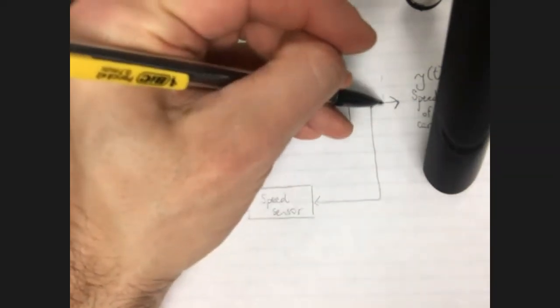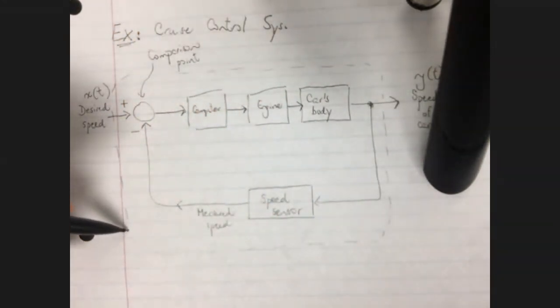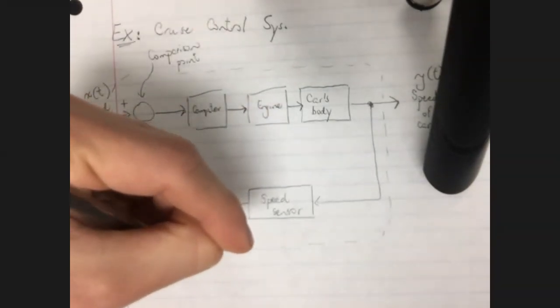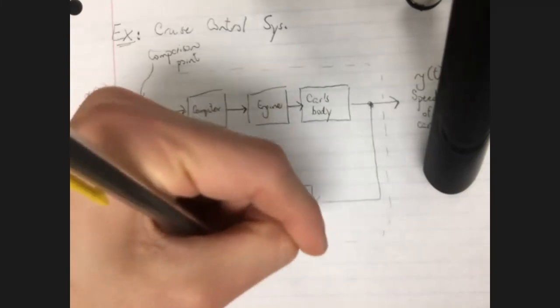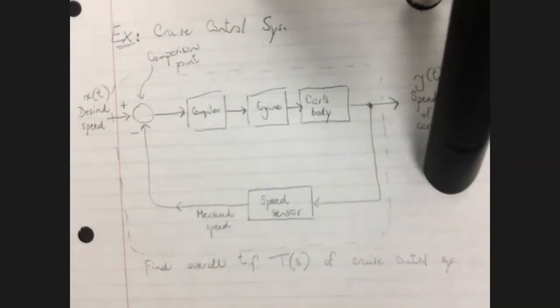So let's find that overall transfer function. Let's call it T of S of the cruise control system. Okay.